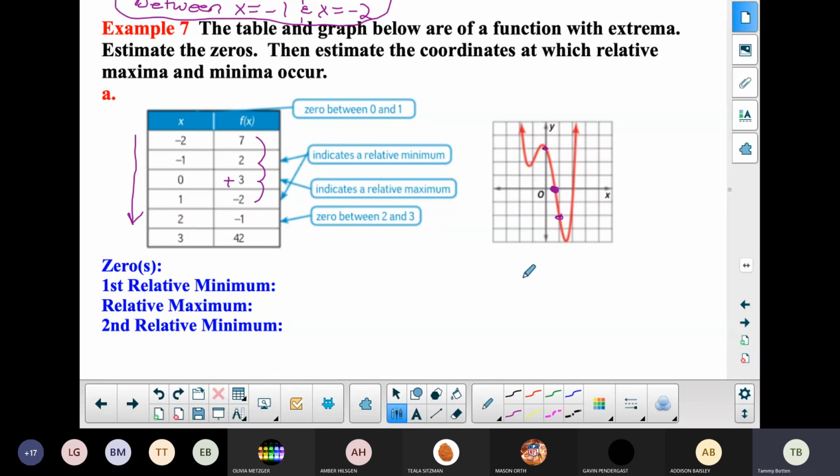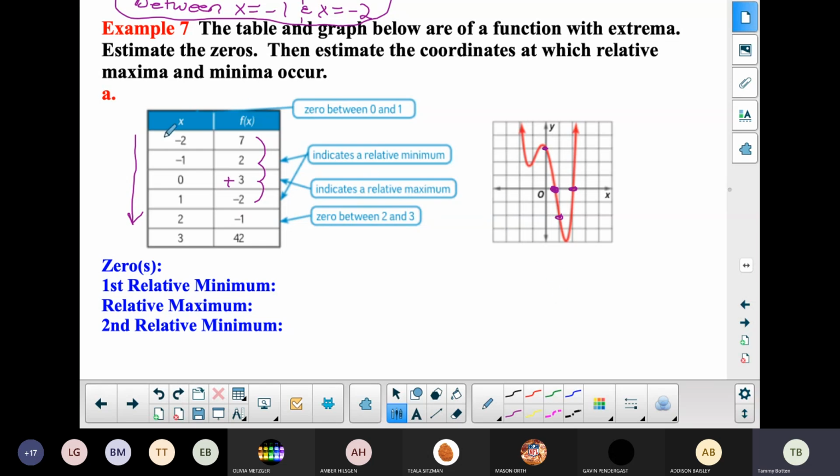And just so you guys understand, where your graph crosses the x-axis would be an answer if you were solving an equation. So if I gave you something like y equals x to the third plus x squared minus x equals 7, and I said solve this equation, if you could look at a graph of it, where it crosses your x-axis are called the zeros or x-intercepts of that graph.